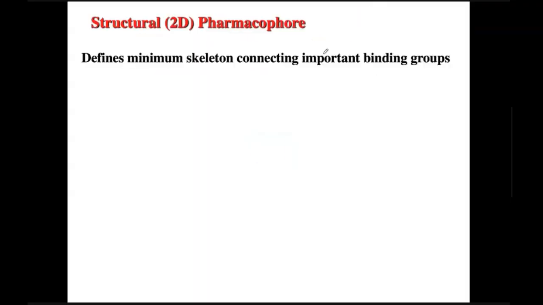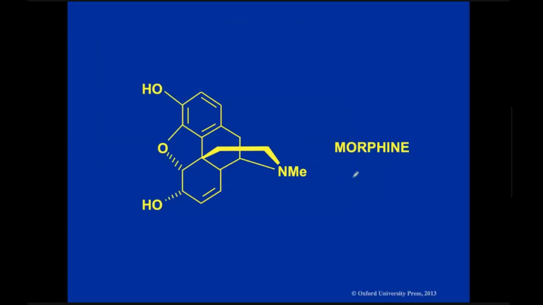So if you take the structure of morphine, I hope that you know what is the biological activity of morphine. It's a very strong painkiller. Even today it is in use, a very strong painkiller. It has analgesic activity, and also some narcotic effects related to morphine, which means that there are different biological activities for it.